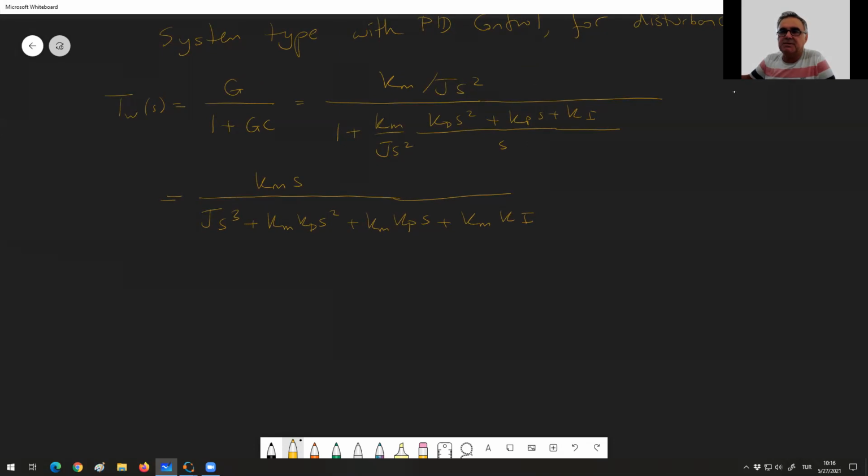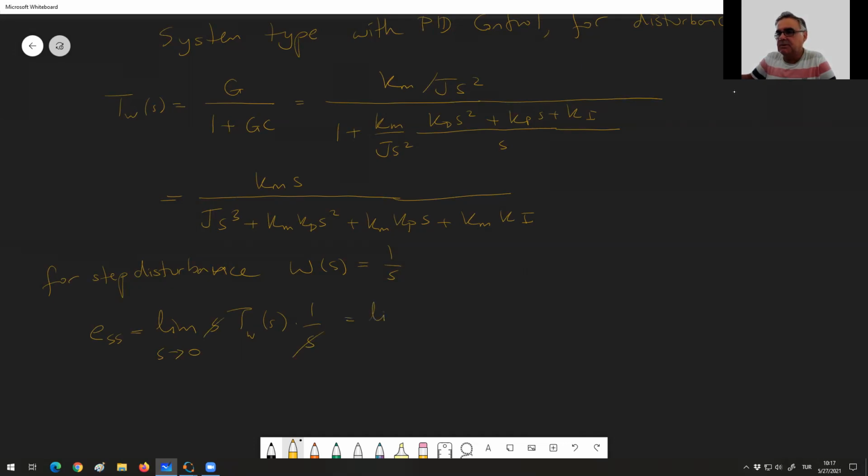Okay, so this is the disturbance transfer function. For step disturbance, W of S is 1 over S. So the steady state error is, from the final value theorem, the limit as S goes to 0 of S times TW of S times 1 over S. 1 over S is the W. So these terms go away.